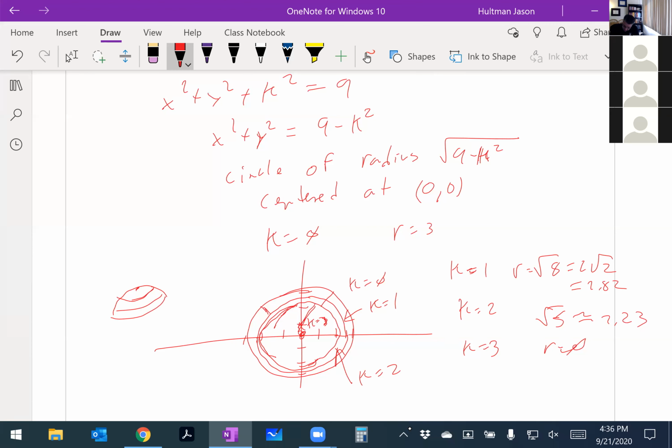So you're traveling less height, you're going up less height in the same amount of vertical or horizontal distance. You're traveling less vertical distance.